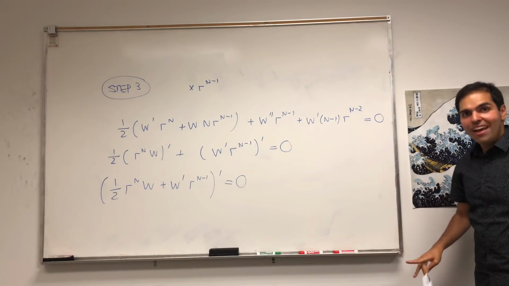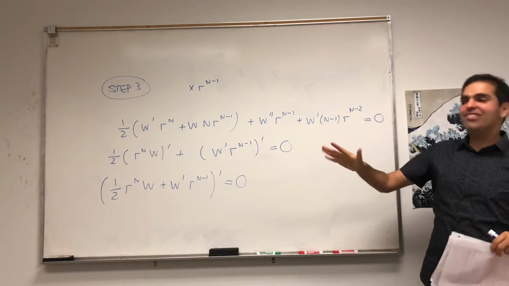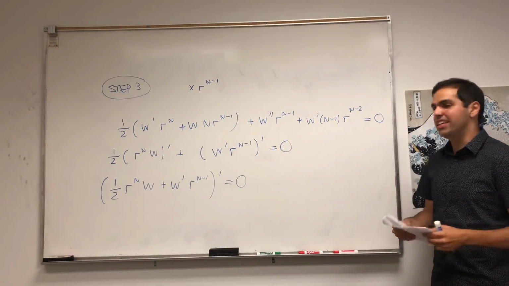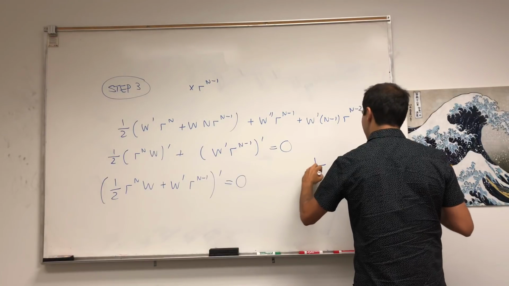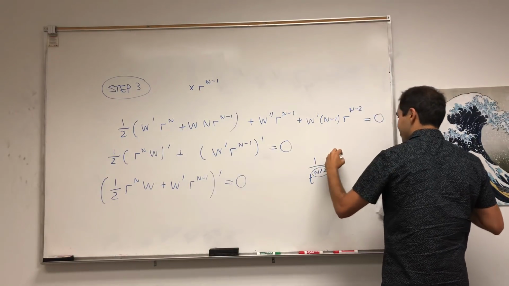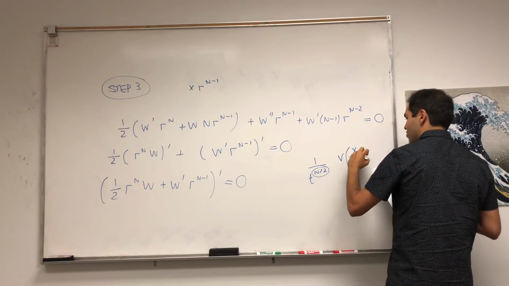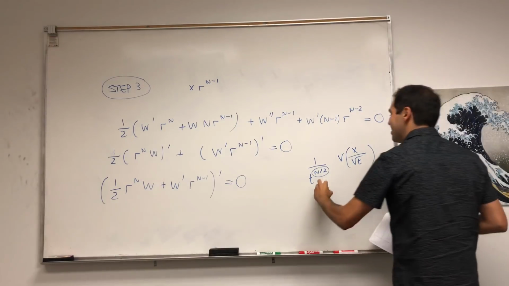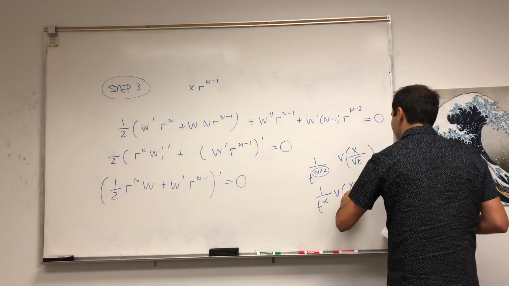Alright, and by the way, I said it's a miracle. Not really. This part works precisely because we chose the factor t to the n over 2. Remember, we had v of u of x over square root of t. So in general, you would do it 1 over t to the alpha, v of x over t to the beta.